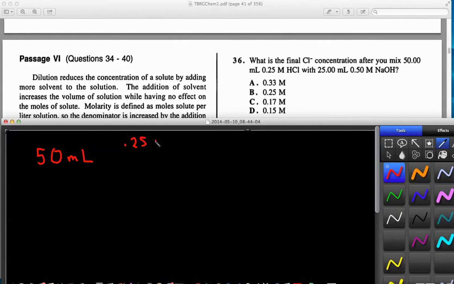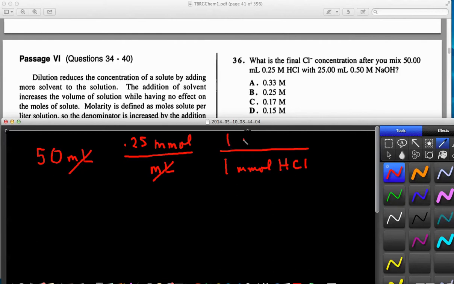It could also be 0.25 millimoles per milliliter. This gives me the number of millimoles of HCl, and I know for every 1 millimole of HCl, there is also 1 millimole of Cl minus.